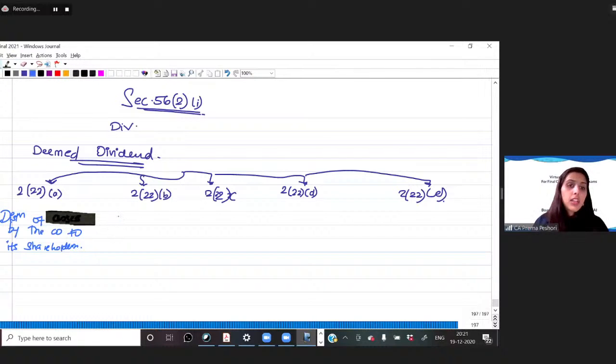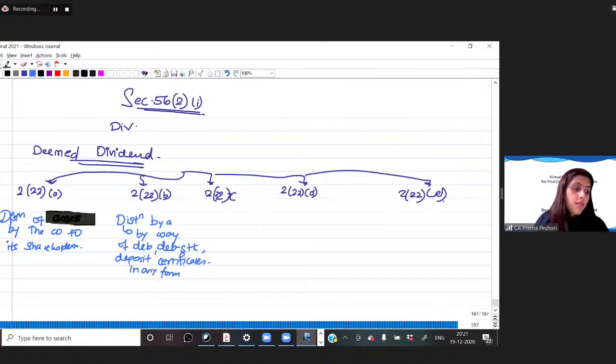222B is regarding distribution by a company by way of debentures, debenture stock, deposit certificates in any form, or bonus shares to preference shareholders.